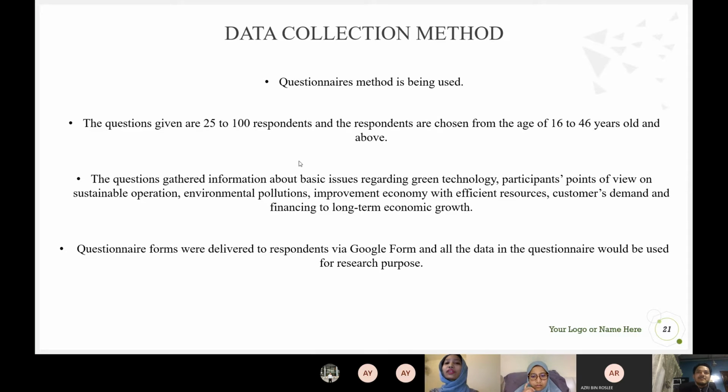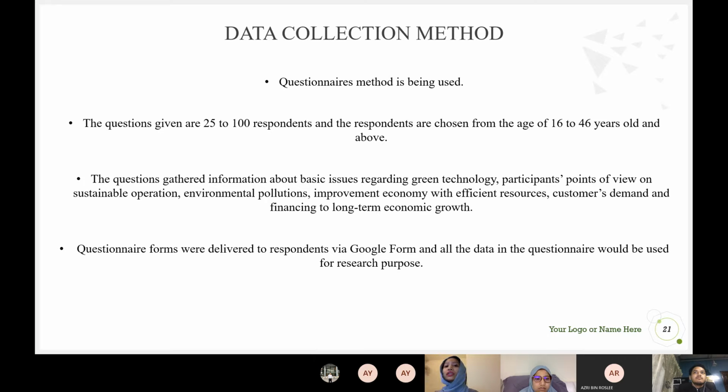Sorry, mute. As for the data collection method, we use questionnaires as the collection method, and the questions were given to 25 to 100 respondents, and the respondents are chosen from the age of 16 to 46 years old and above.